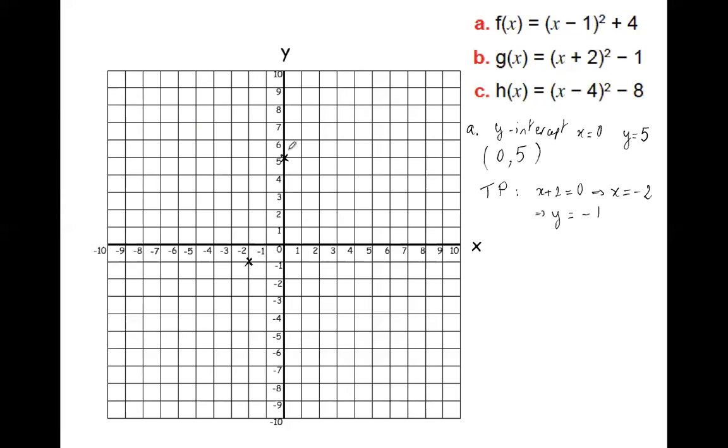So that means my graph is just going to go around there. If I've got 2 here, I get 2 here. So I'm going to try the value of 1. 1 minus 1 squared. So something's not quite right. (0, 5).